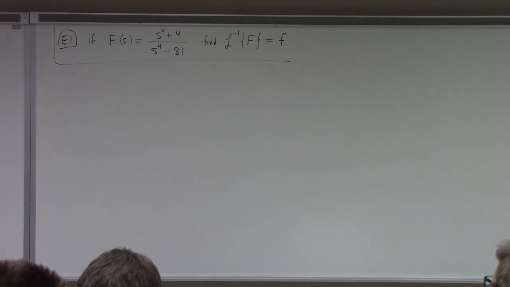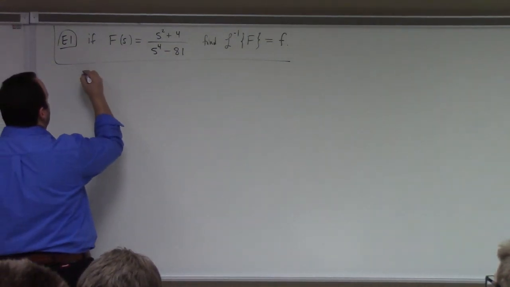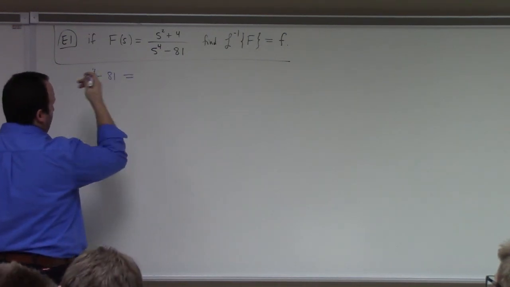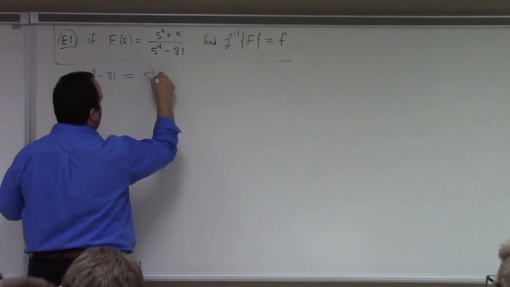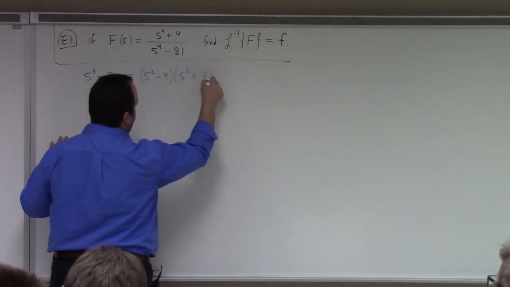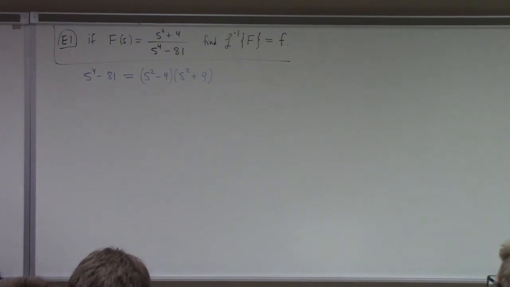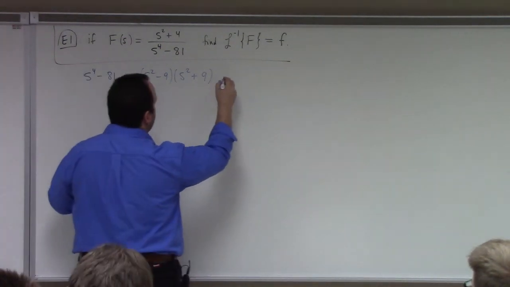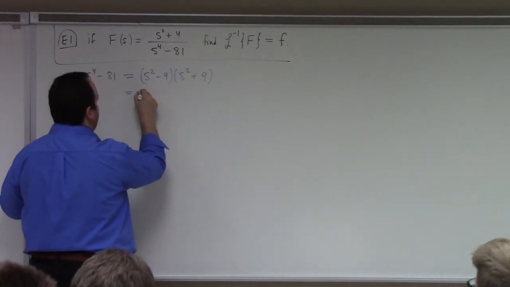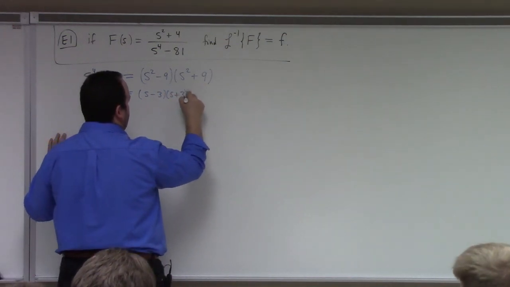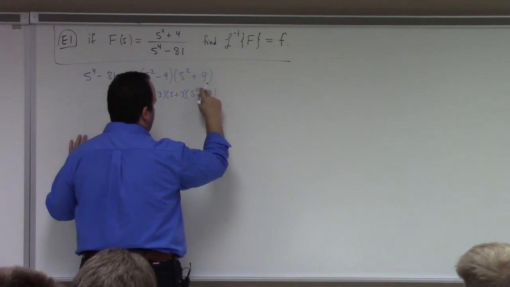We need to do partial fractions. s to the 4th minus 81 is equal to (s squared minus 9) times (s squared plus 9). And the standard thing to do here would be to say, aha, that's really (s minus 3) times (s plus 3) times (s squared plus 9). That's the real factorization.